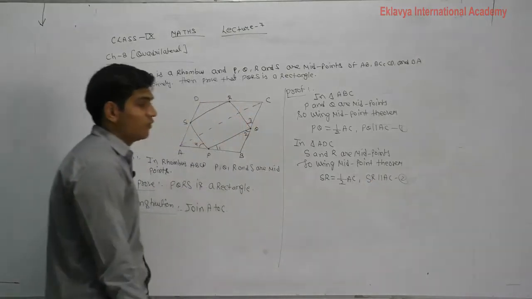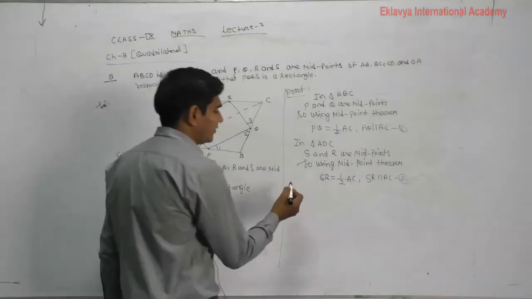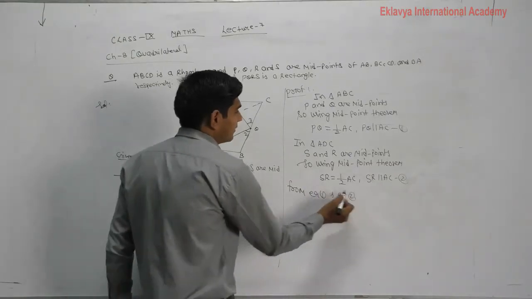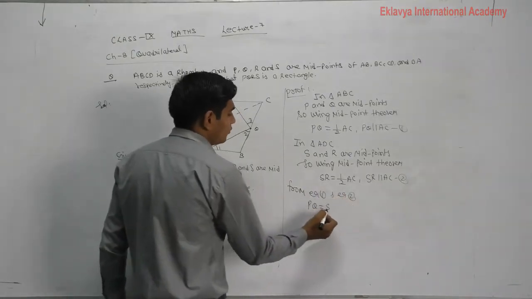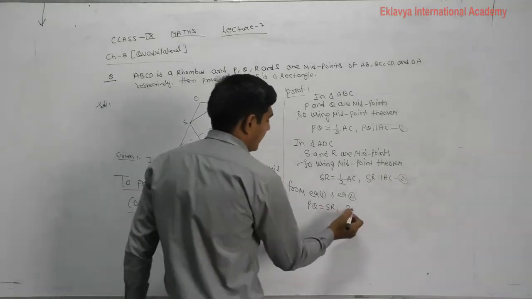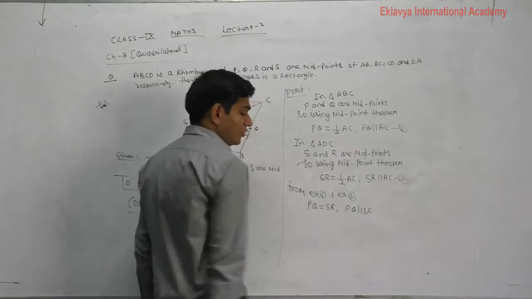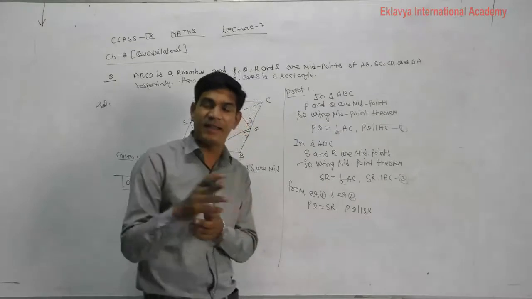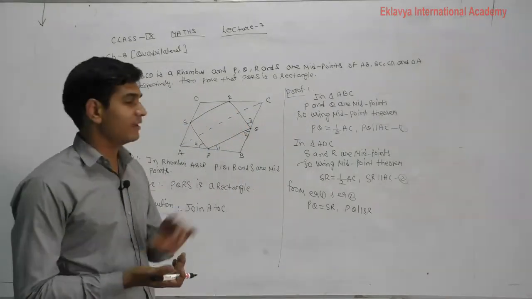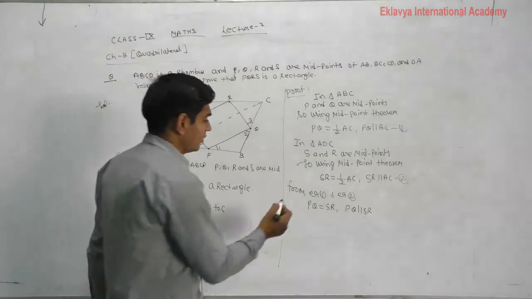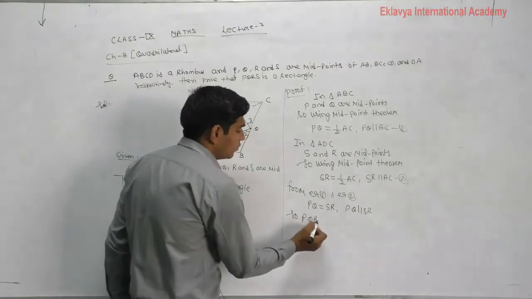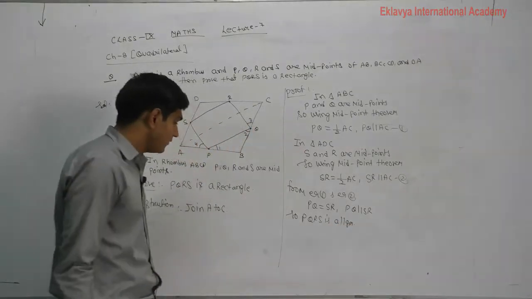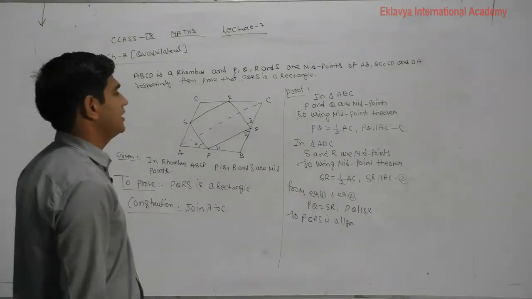This is equation 2. From equations 1 and 2, we observe that PQ is equal to SR and PQ is parallel to SR. If in any quadrilateral one pair of sides is parallel and equal, then the quadrilateral is a parallelogram. So PQRS is a parallelogram.